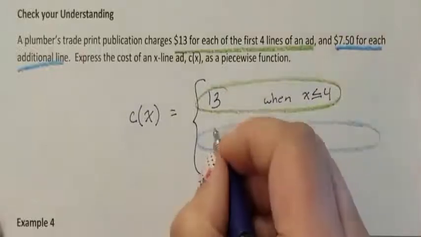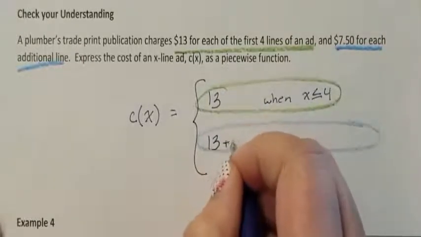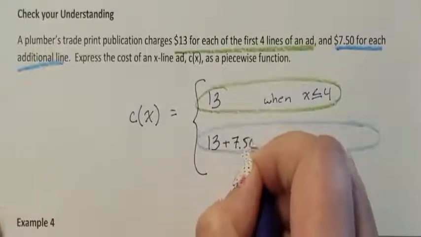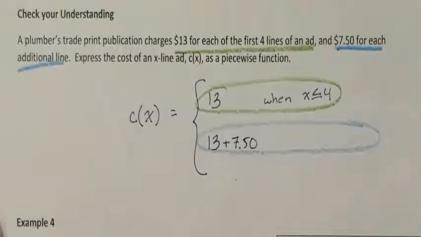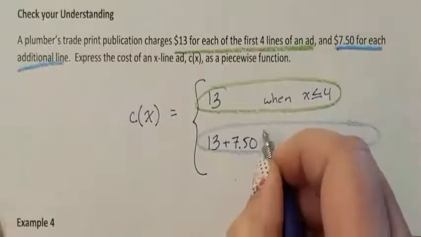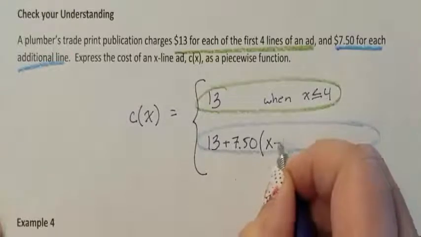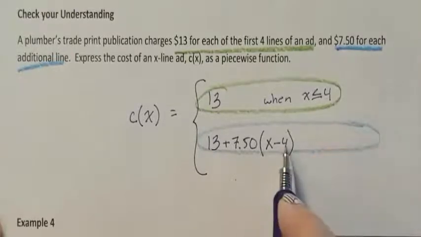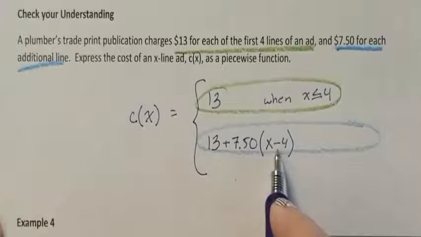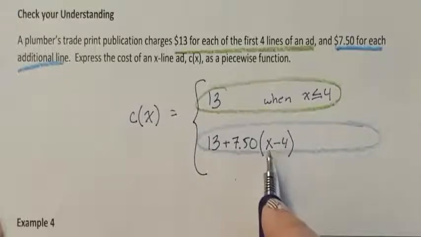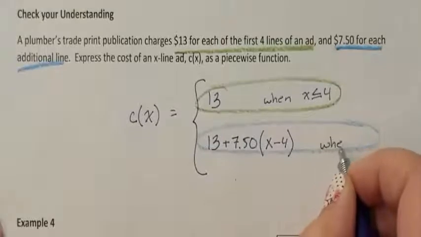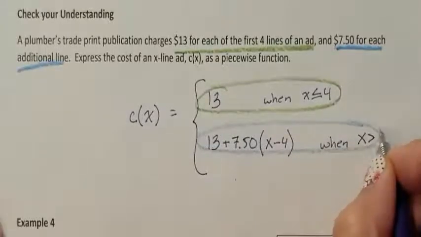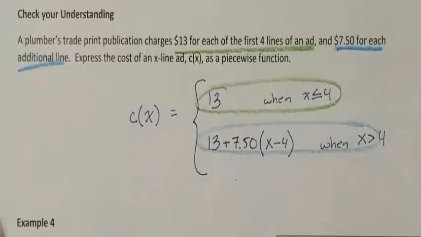So I have to pay the $13, but then I need to pay $7.50 for each additional line. I'm not paying for the first 4. So I'm going to pay for whatever lines were after the first 4, which is why it's X minus 4. I'm only going to pay for what was left after the 4. So this equation is only used when you have an ad that is more than 4 lines long.